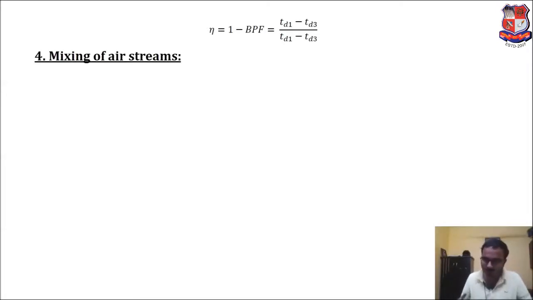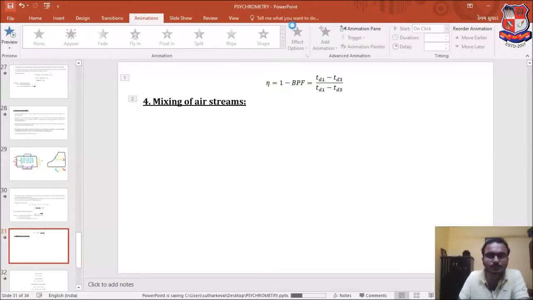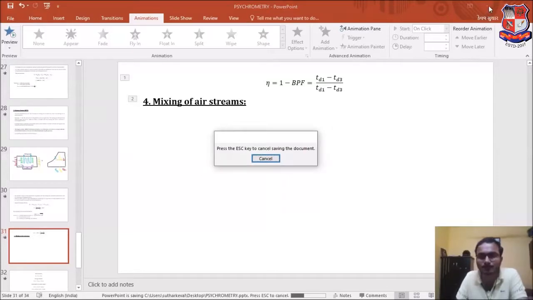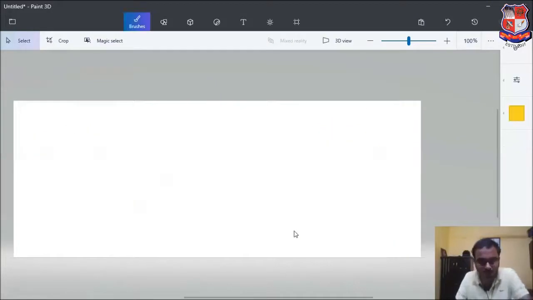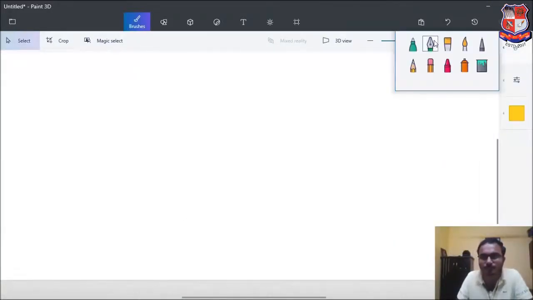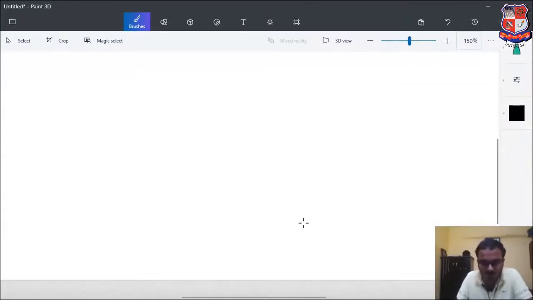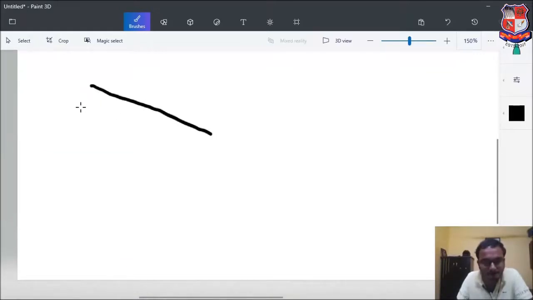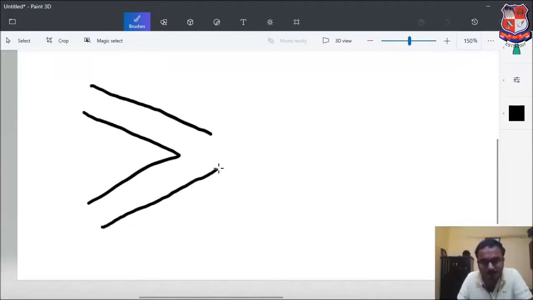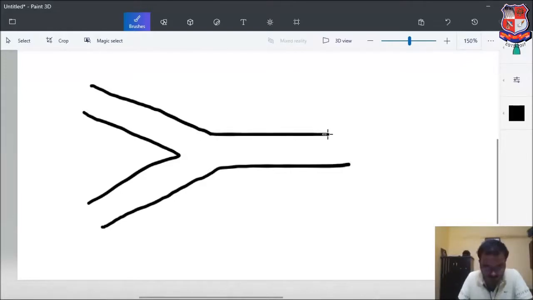And now we will study mixing of air streams. First of all, we will draw one figure for this. So we are having mixing of streams.